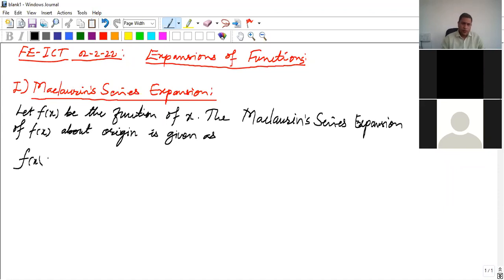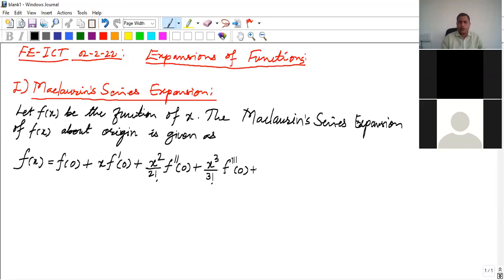So what is the Maclaurin series expansion? f of x is in terms of powers of x. f of x is equal to the value of f at origin, f(0), plus x times the value of the first derivative of f at origin, then plus x square by 2 factorial and f double dash at origin, plus x cube by 3 factorial and f triple dash at origin, and so on.